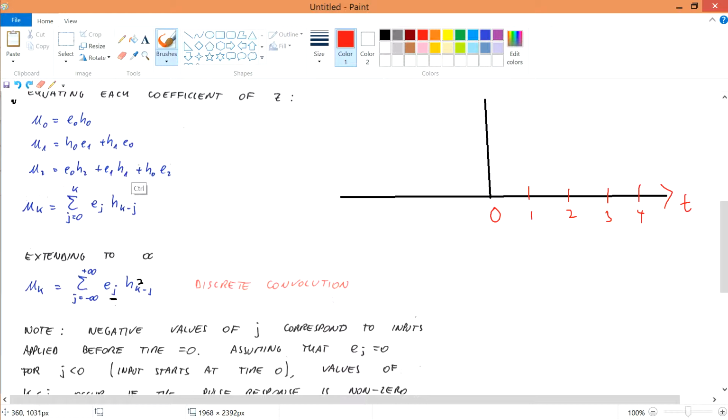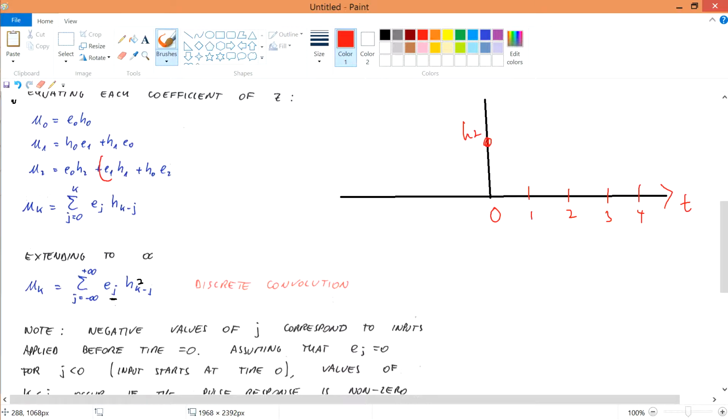But there is some information telling us: at e0, which is at time 0, is h2, which is over here.